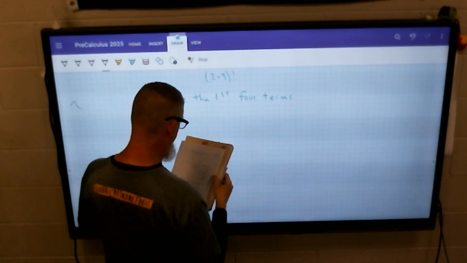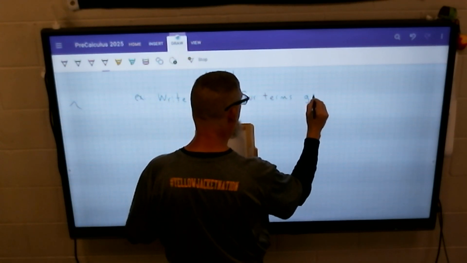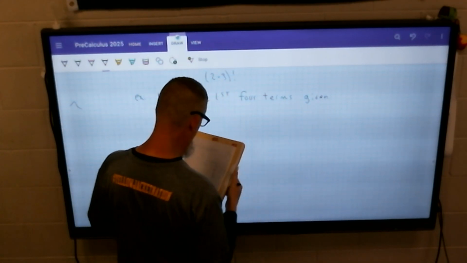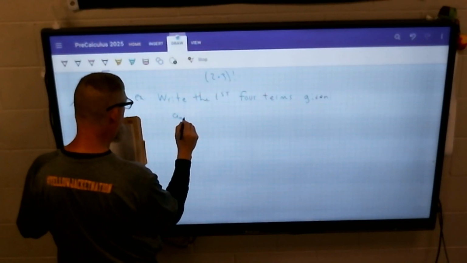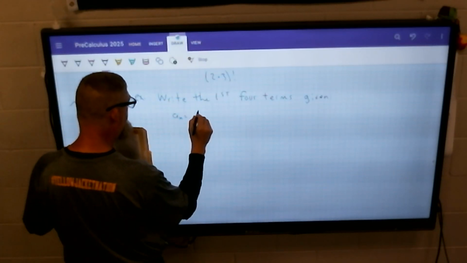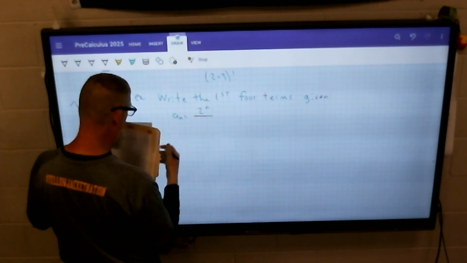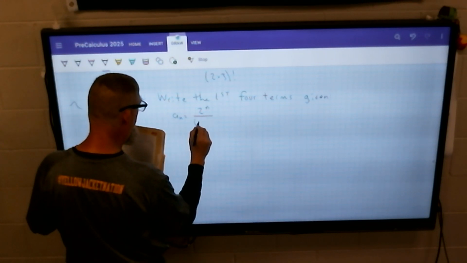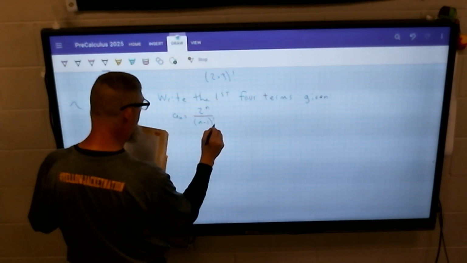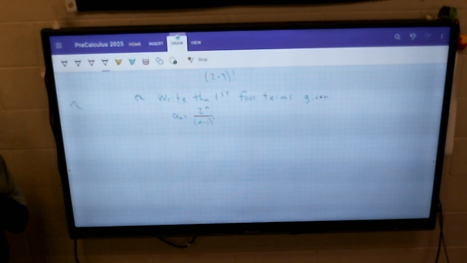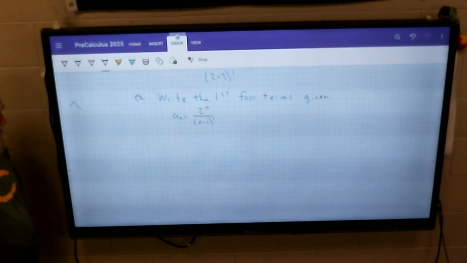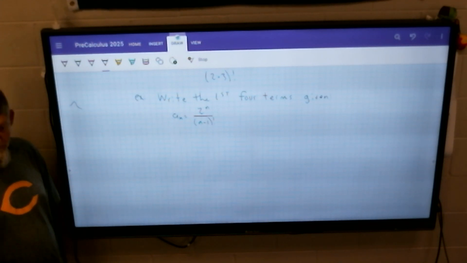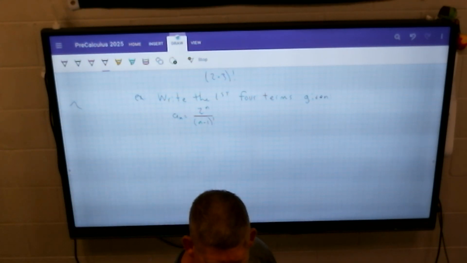Write the first 4 terms given a sub n equals 2 to the nth power over n minus 1 factorial. So my first question, Damien, is this recursive?